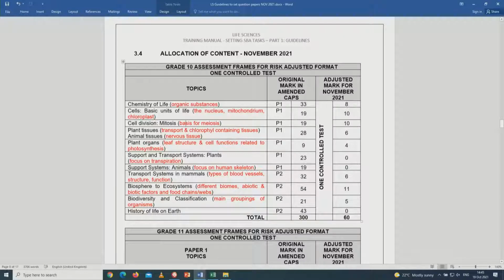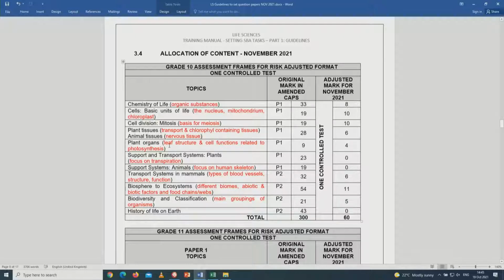Plant tissues, transport and chlorophyll containing tissues. In other words, your xylem, phloem and all the parts containing chlorophyll. Concentrate on them. And in animal tissues, concentrate on the nervous tissue, because we have a topic in grade 12, the nervous system, where they need to know the basic structure of a nerve cell.